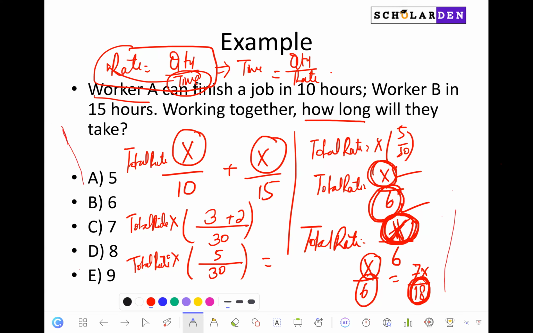But in our answer, when we multiplied these rates together, what we got was the original volume, or the original quantity of work in its original form. X does not change. And that is why we can say that, yes, if both of them were supposed to work together, the total time that's going to take for them is 6 minutes.